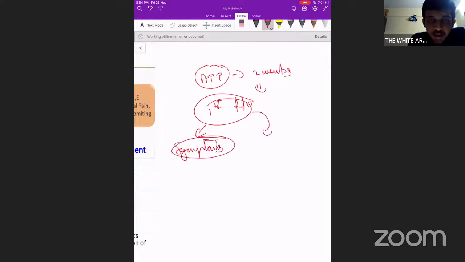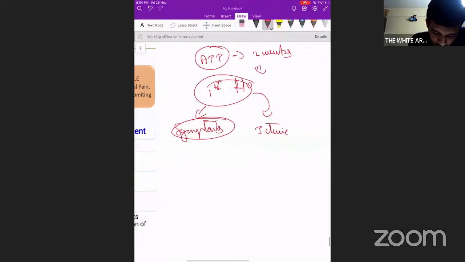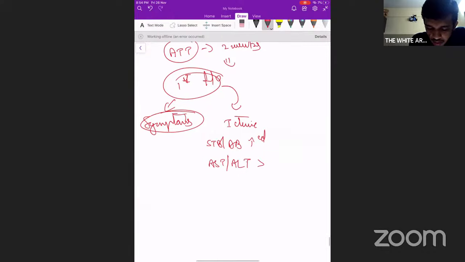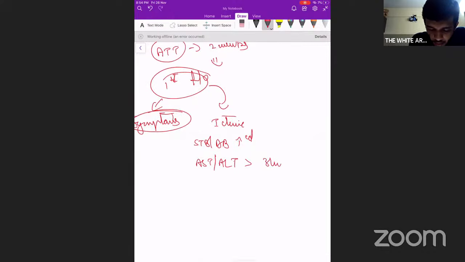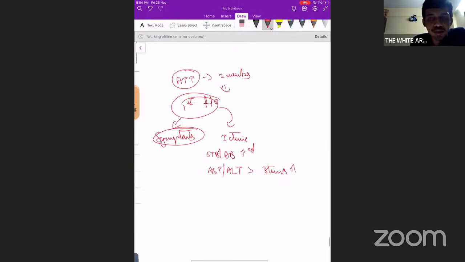But on examination, you find that the child is icteric. Since the child was icteric, we made him undergo LFT. So his serum bilirubin was increased, and AST/ALT was more than 3 times the normal limit. What is the diagnosis now? What has happened now? Anyone?